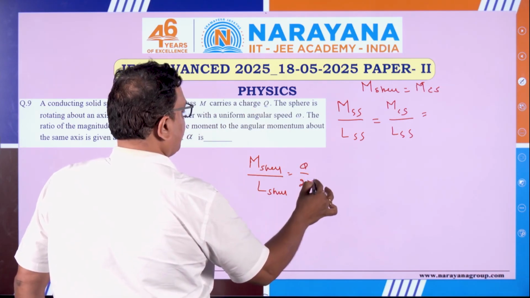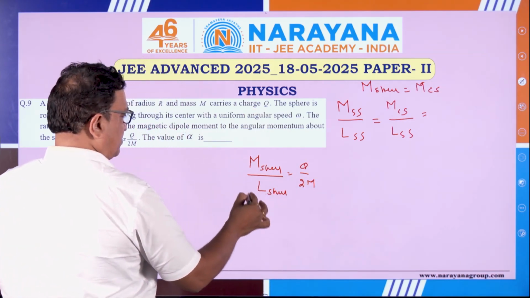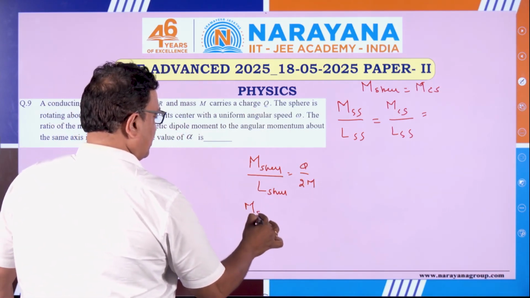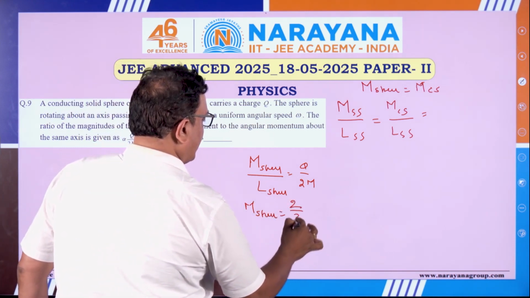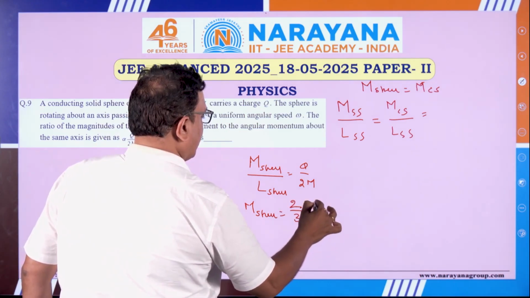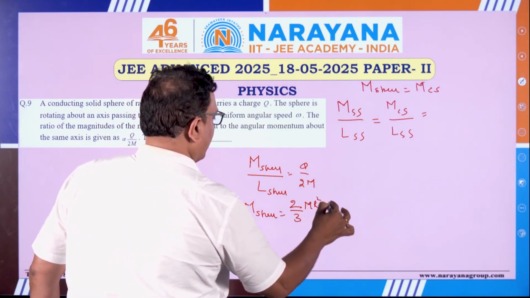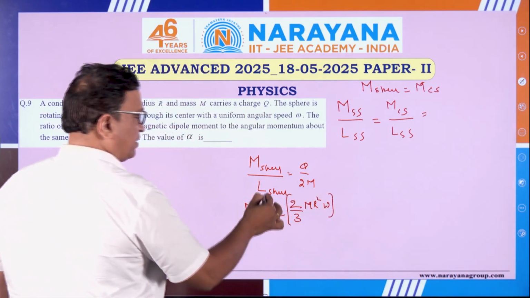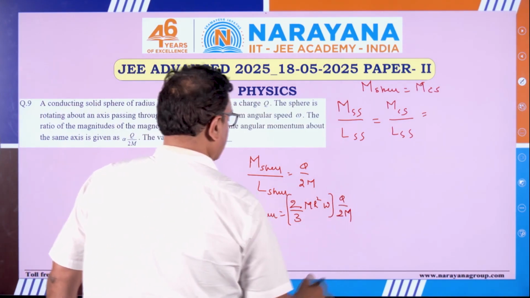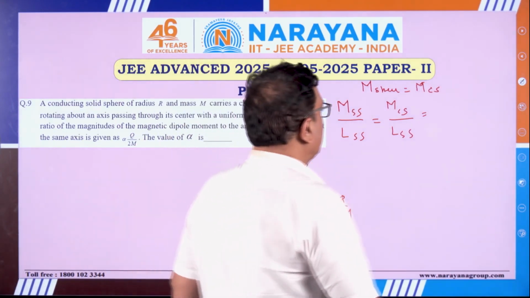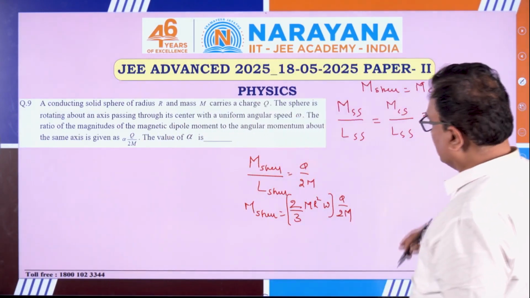M, and remember, this is nothing but M shell part is nothing but 2 by 3 mr square omega, the angular momentum term, times q by 2m. Right. Keep this aside. Now we will work on it in the same way.